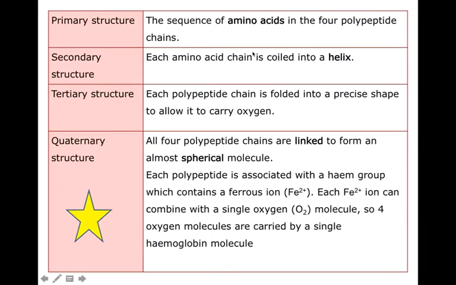So the sequence of amino acids for the 4 polypeptide chains is your primary structure. That will then coil into alpha helixes, and then due to the specific sequence of amino acids, it will fold in a very unique way. The quaternary structure means it comprises 4 different polypeptides, and therefore it can carry 4 oxygen molecules.